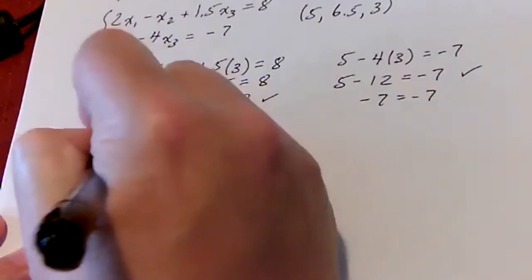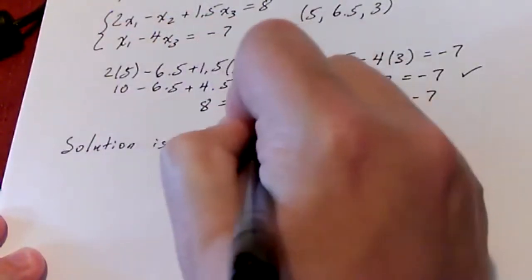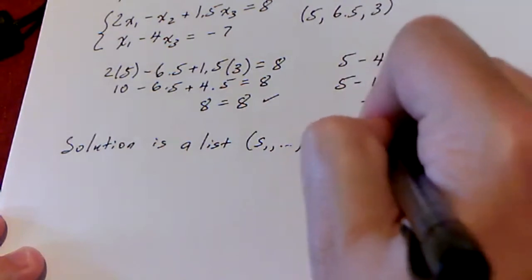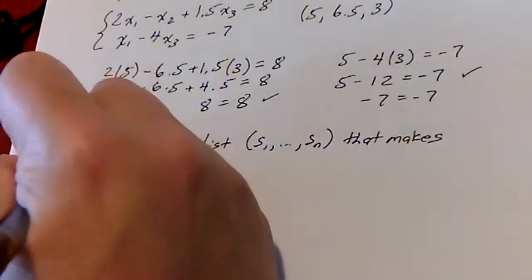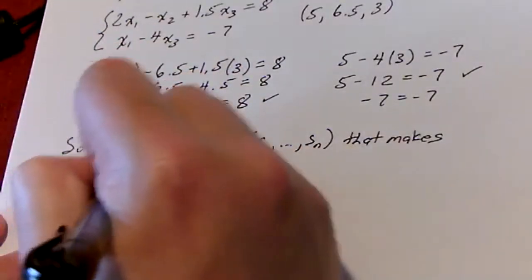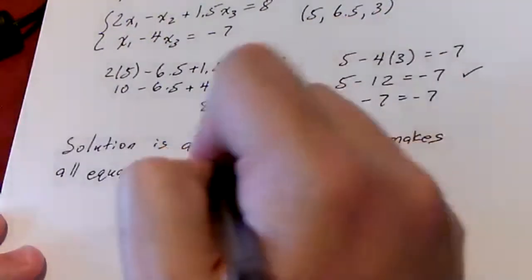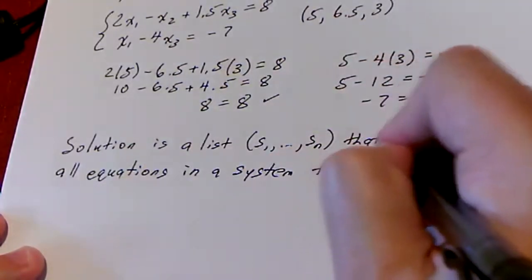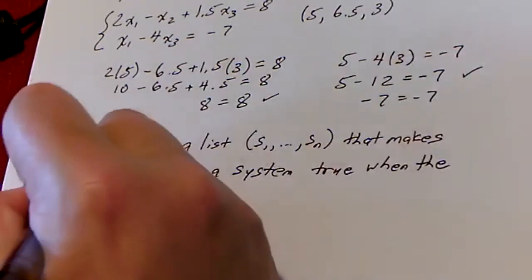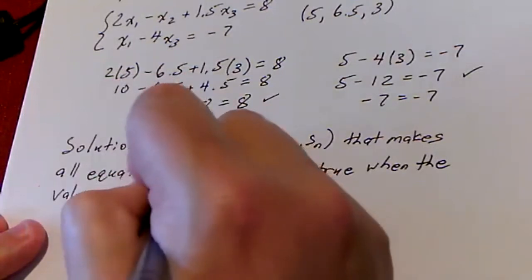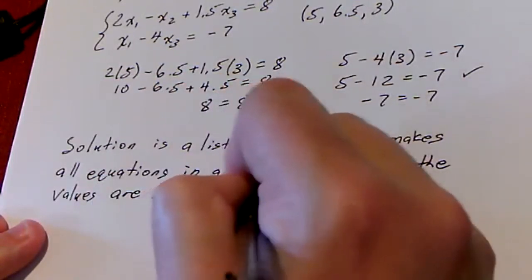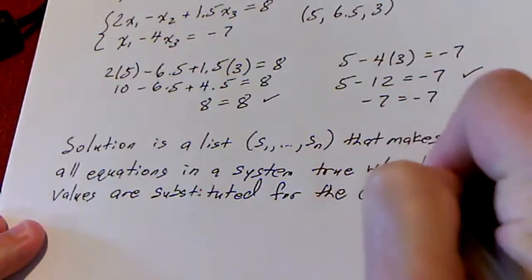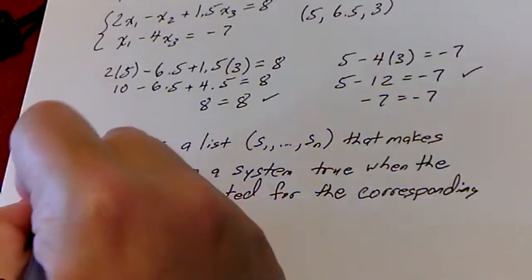So a solution is a list of numbers S1 through Sn that makes all equations in a system true when the values are substituted for the corresponding variables.